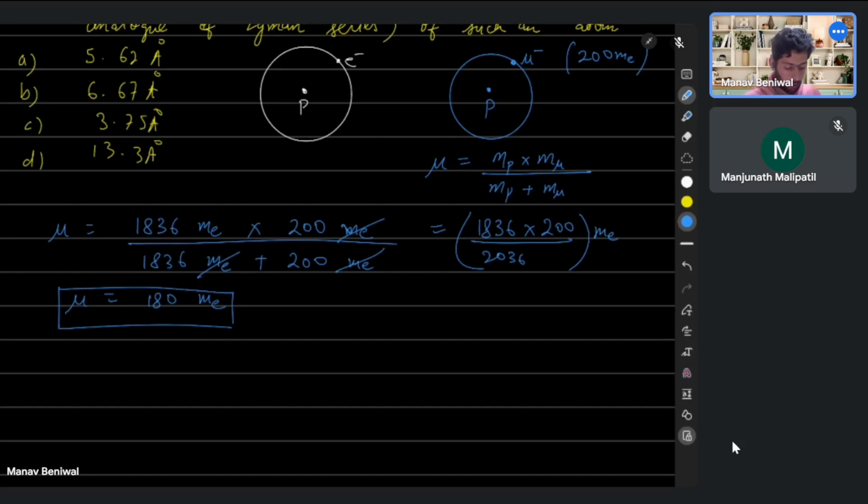Now we know that the energy depends on this effective mass. So the energy in the nth orbital will be mu over me times minus 13.6 over n squared, which is 180 into minus 13.6 over n squared.